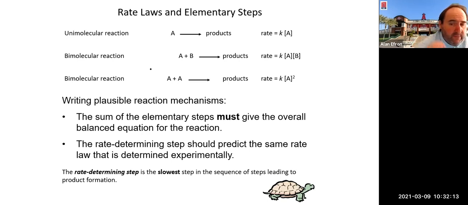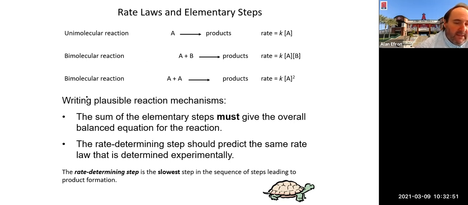If you remember, when we do write the rate law, we do not use the coefficient as the exponent, but this is the only place where that is acceptable to do. So in these elementary steps, you could actually use the coefficients that are there to write a completed rate law for that particular step. And again, that is the only place in kinetics where it's acceptable to use the coefficients in the equation as the exponents.